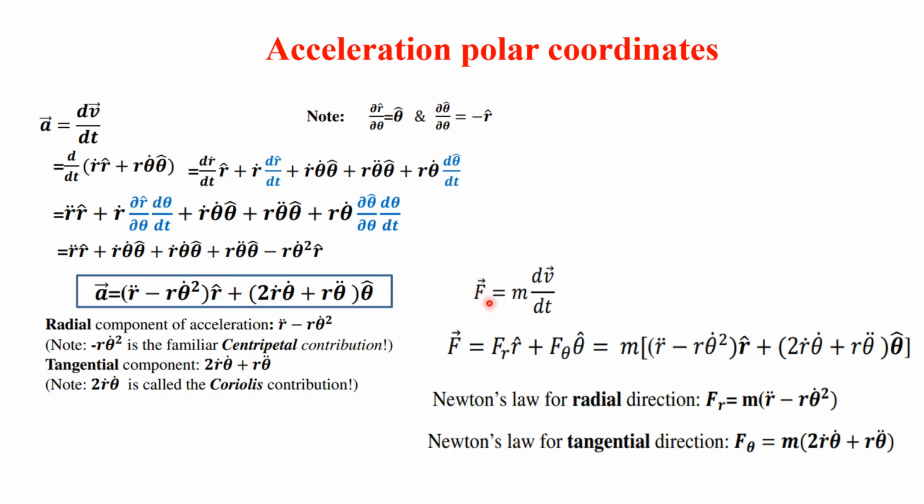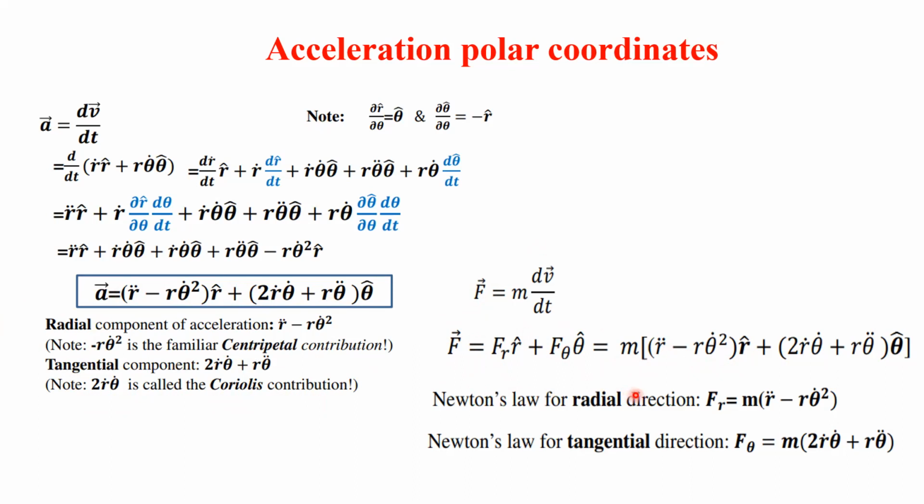Therefore, finally, the force equation: F is equal to mass times the acceleration, m into dv by dt. Therefore, F is equal to Fr into R cap plus F theta into theta cap, which is equal to mass times the acceleration components. Just write the acceleration components here.